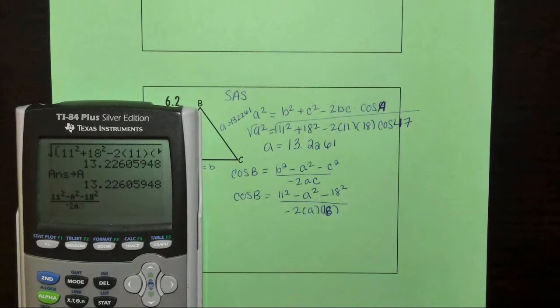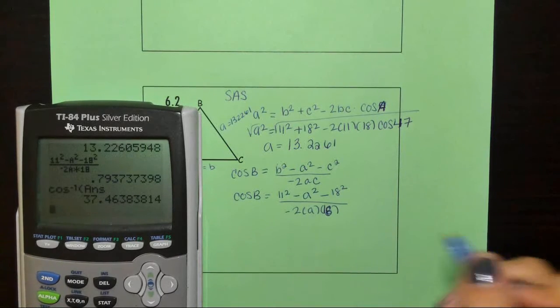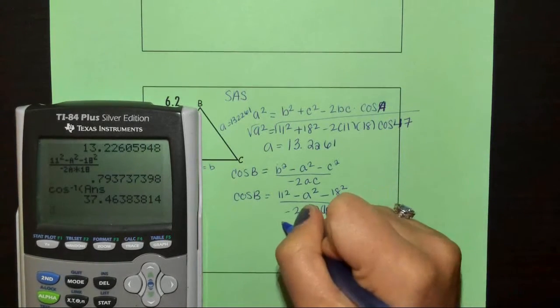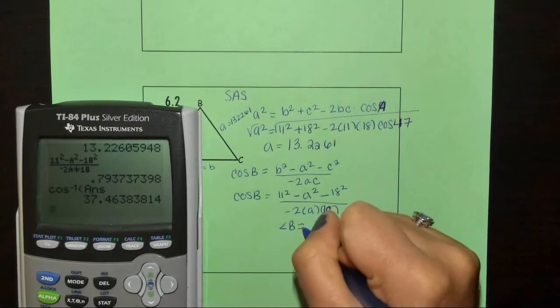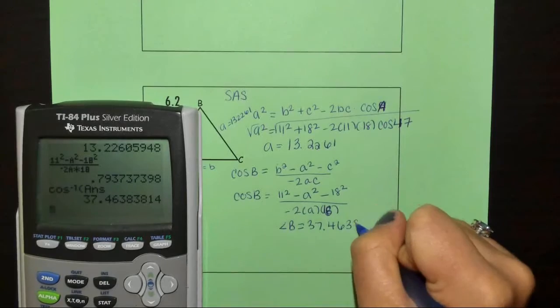C was 18. That gives us a small decimal, so I need to find the inverse cosine of that decimal in order to figure out what angle B is. So our angle B is equal to 37.4638 degrees.